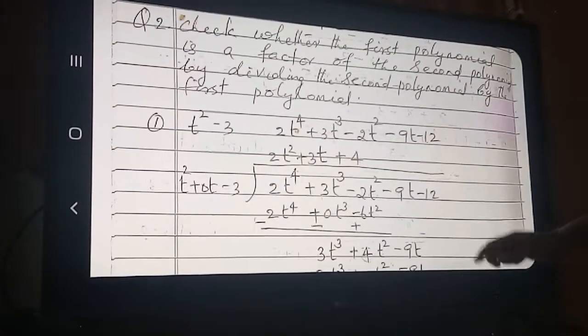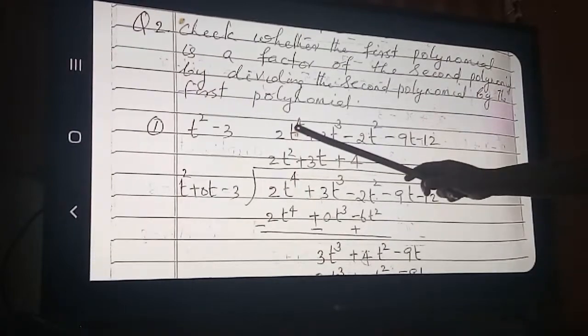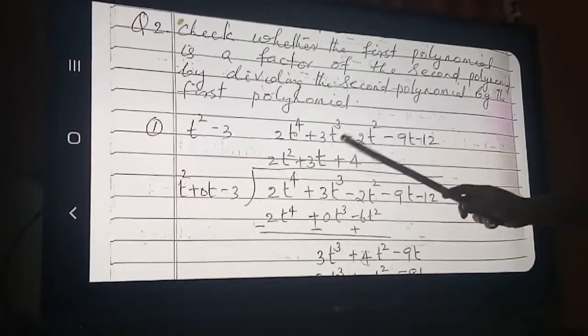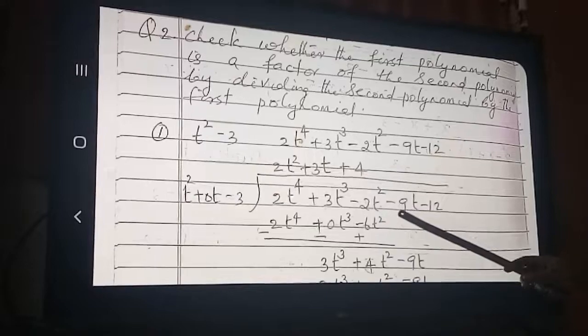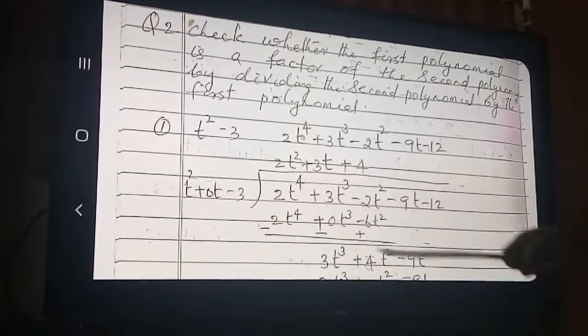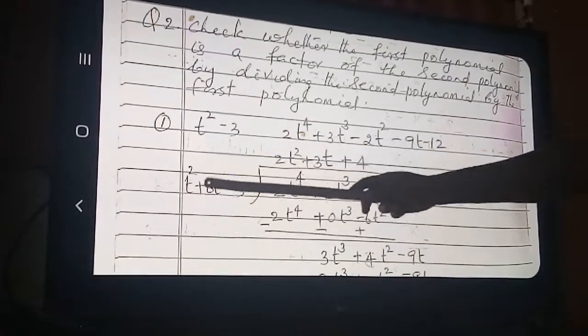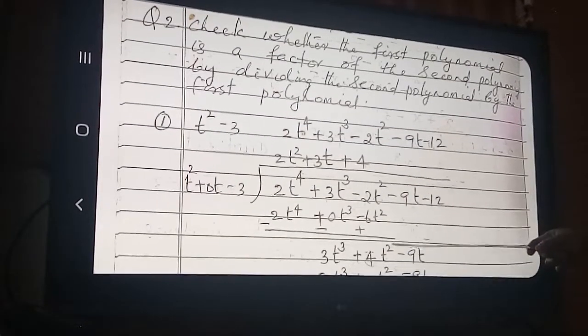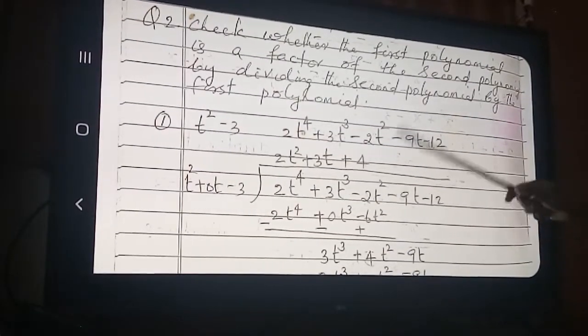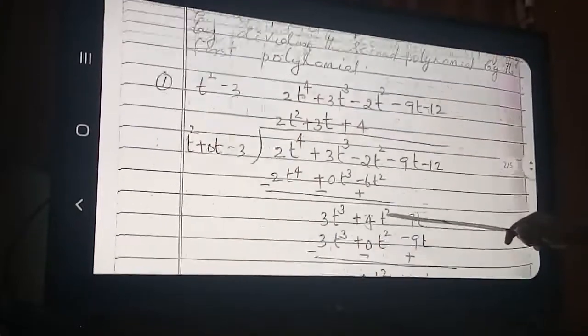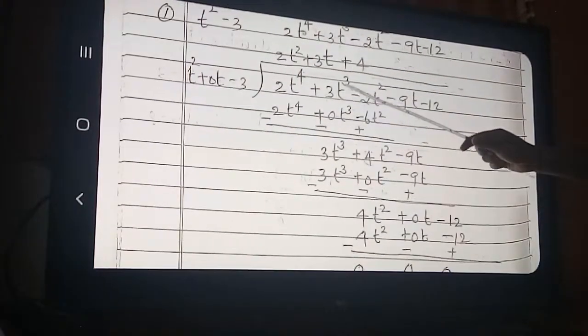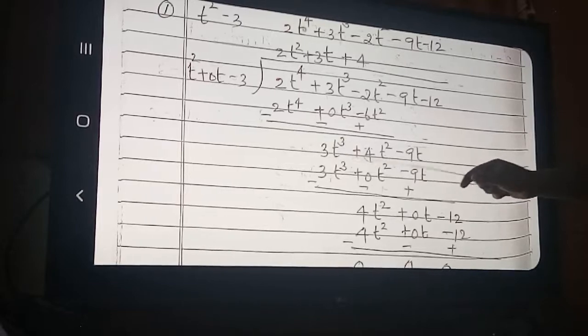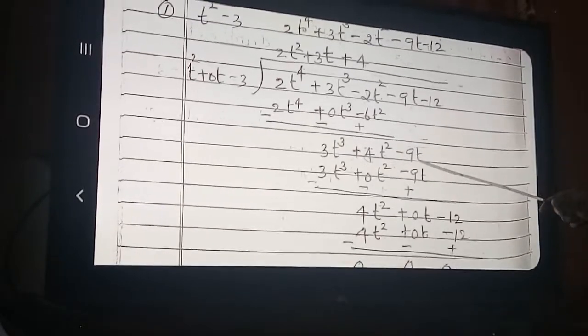You knowing well, as usual method. 2t raised to 4, 3t cube minus 2t square minus 9t minus 12 written. Here t square plus 0t minus 3 written, and as usual you divide here. Then here you got these terms 3t cube plus 4t square minus 9t.